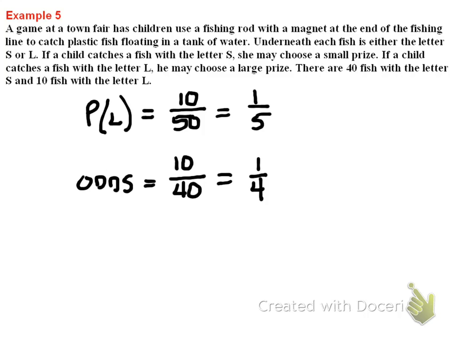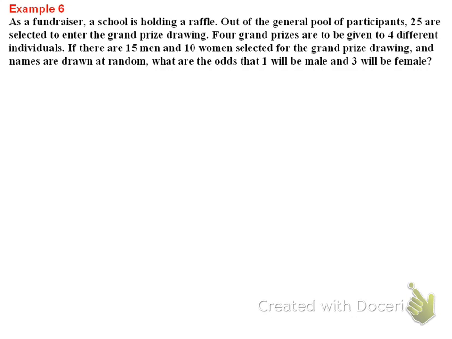Before we stop, let's get just a tad bit more involved. For this last example, we're not only going to use combinations, we are going to use the basic counting principle, and then we're going to do probability and odds of an event.